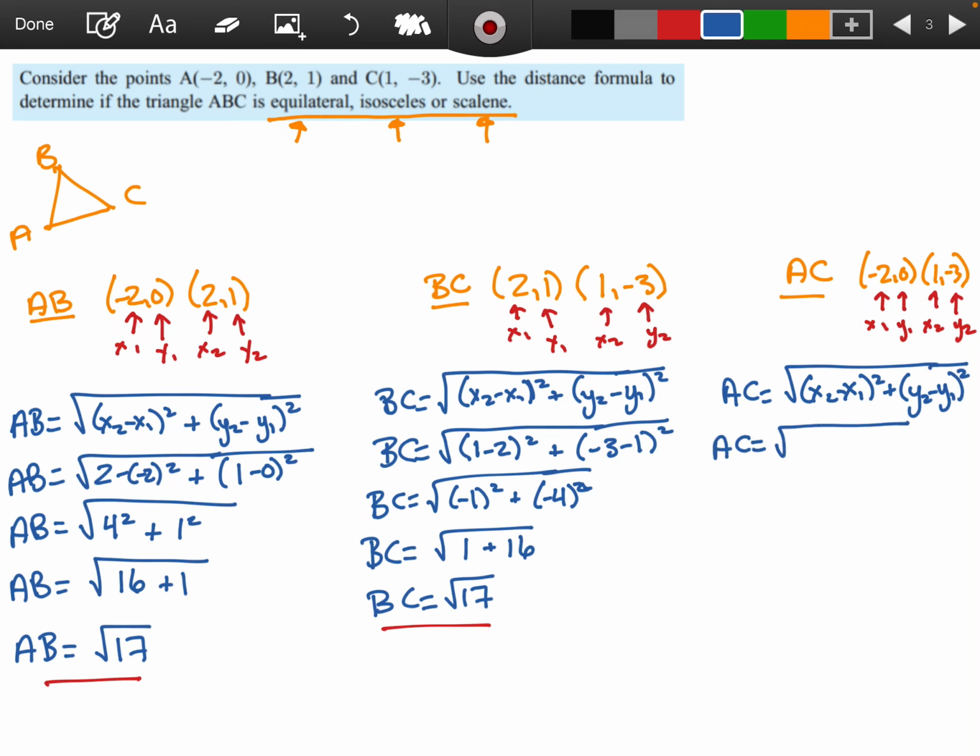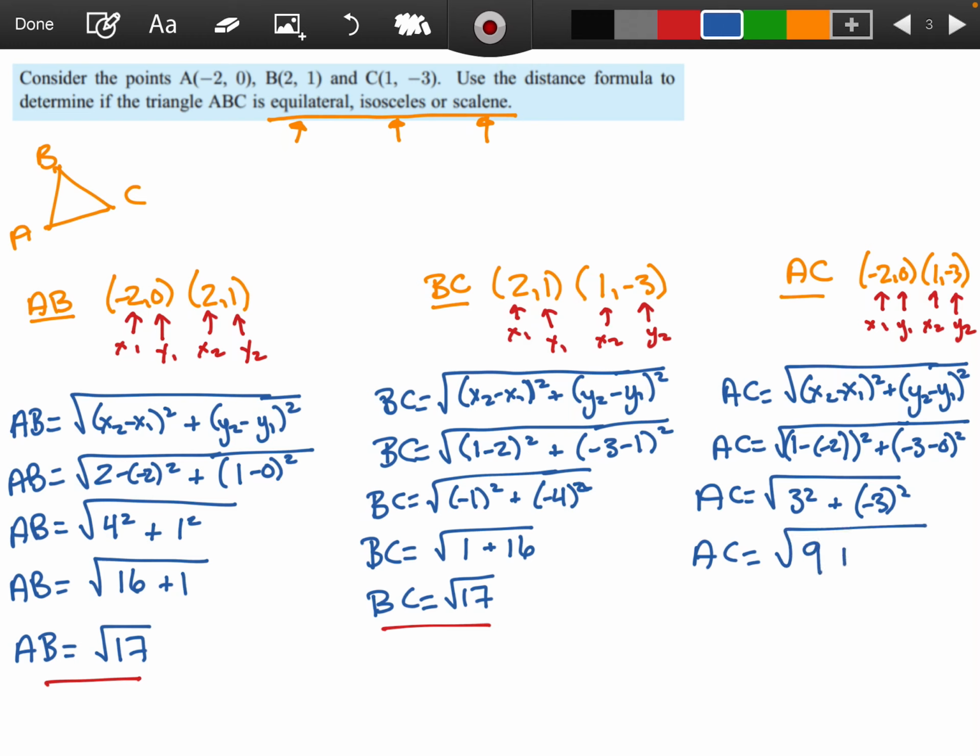So 1 minus negative 2 squared plus negative 3 minus 0 squared. So AC equals 1 minus negative 2, 1 plus 2, so 3 squared, plus negative 3 minus 0, so negative 3 squared. So AC is equal to 9 plus 9. So AC is equal to root 18.